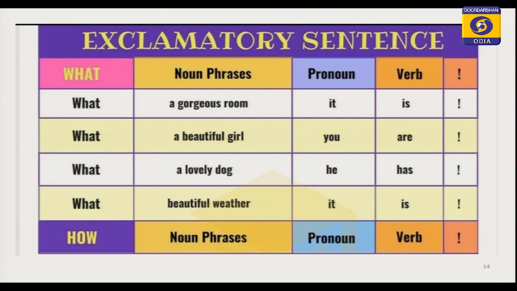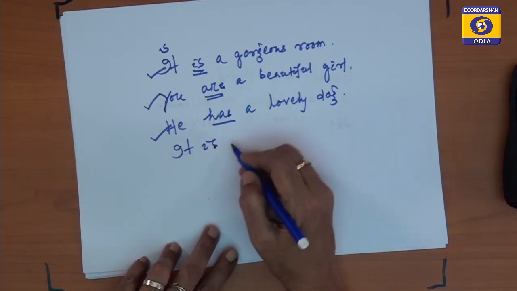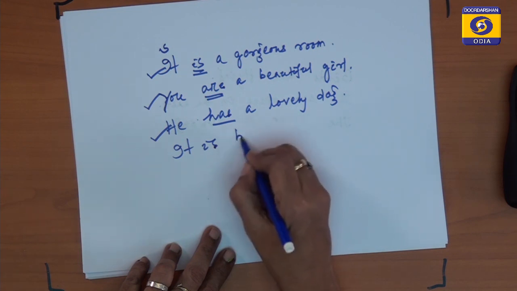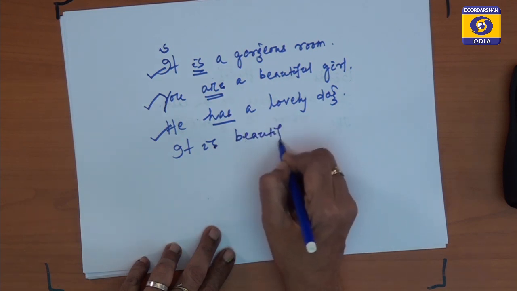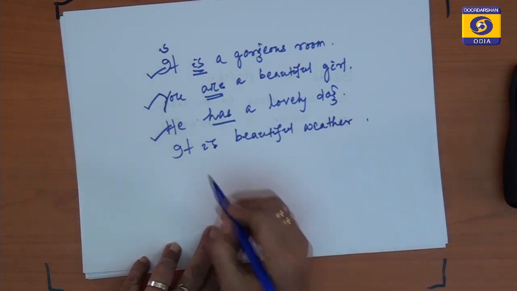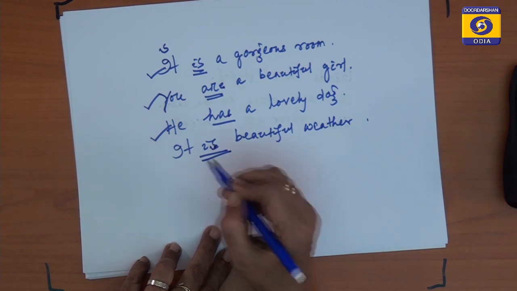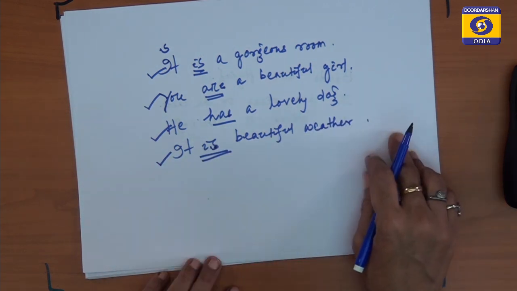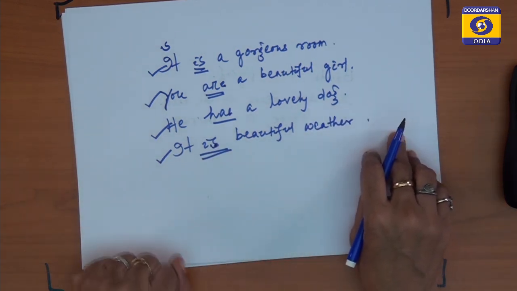Now come to the last sentence: What beautiful weather it is. So I turn it into a statement: It is beautiful weather. So here the verb is is, and it is the subject.